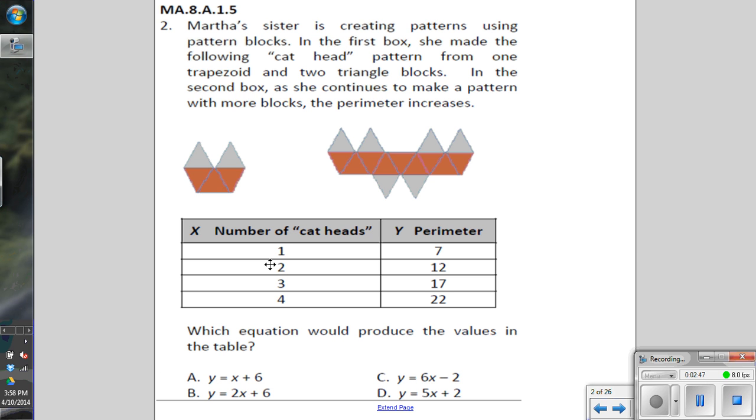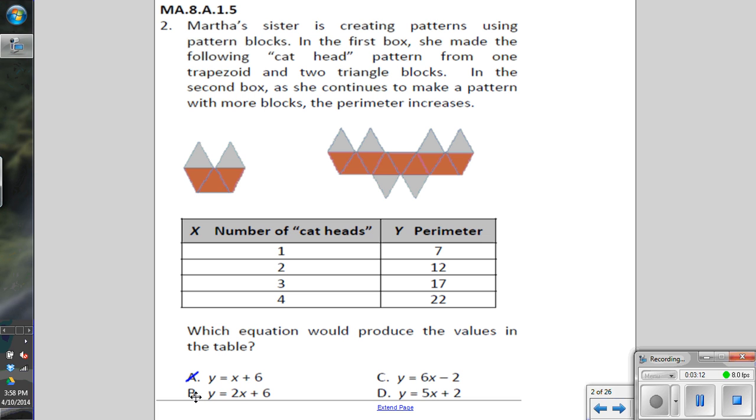Well, if x is 2, then 2 plus 6 is supposed to be 12. But that's not true because 2 plus 6 is only 8. So this does not work. All right, so now we've eliminated A.